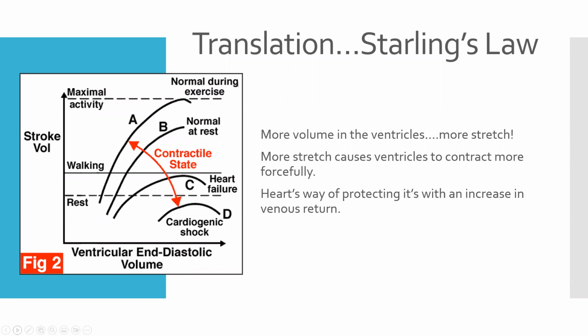Cardiogenic shock, not so much, D, or not so much at all. Heart failure, not so much. Normal is B, your normal kind of living your life, etc. And then the compensatory mechanism in A that you see there as well.